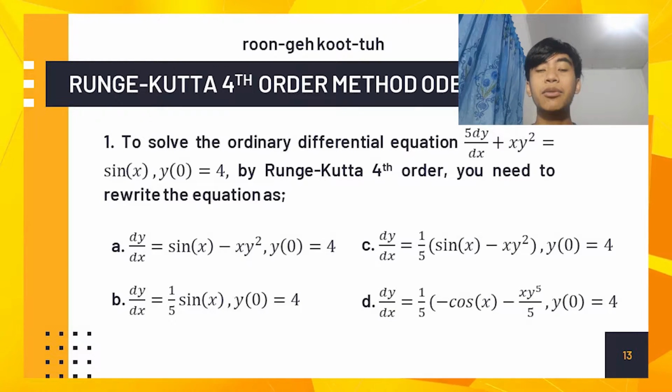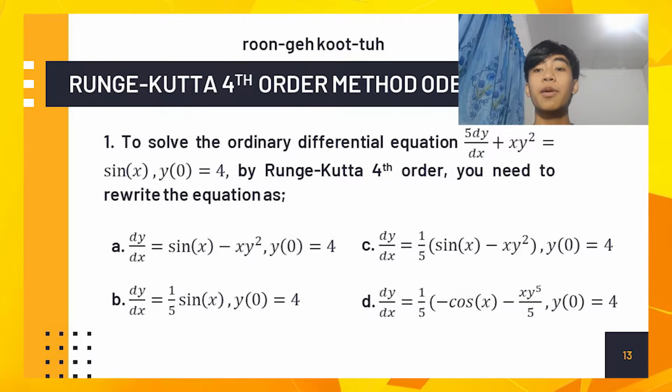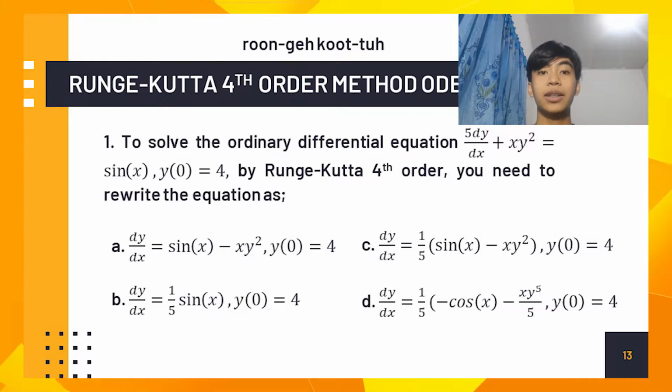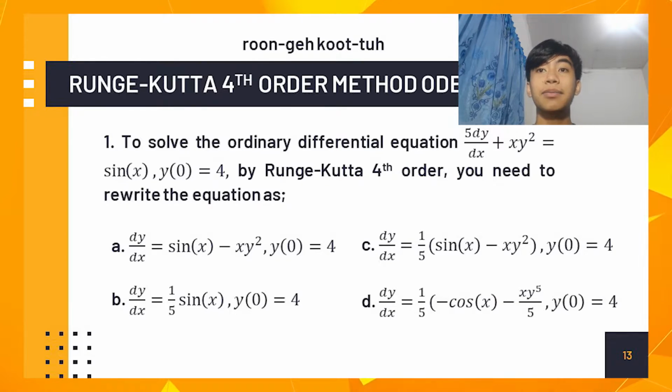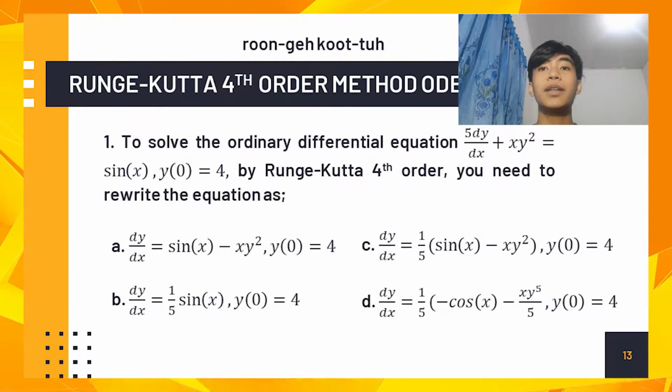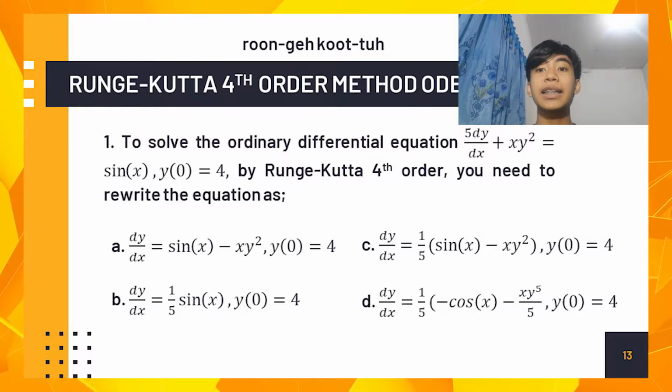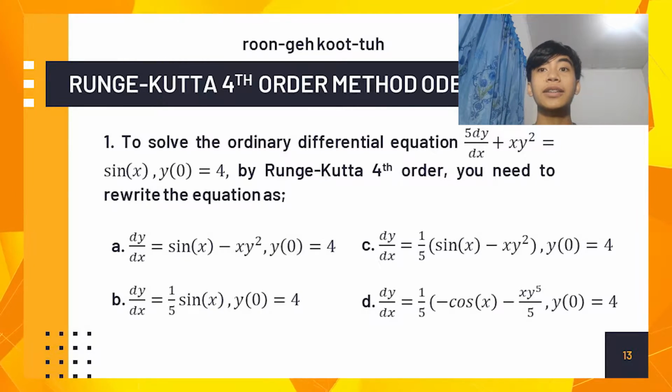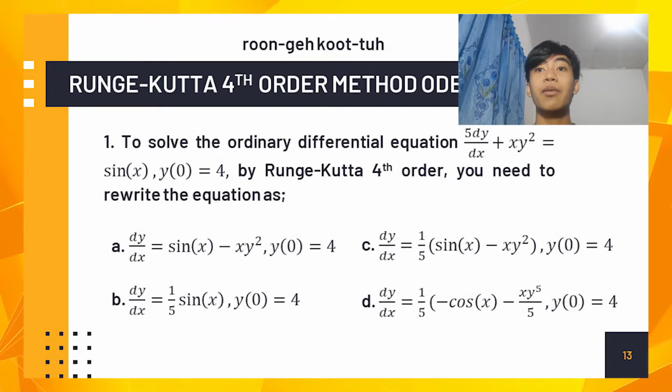Choice B is dy over dx is equal to 1 over 5 multiplied by sine x, where y of 0 is equal to 4. Choice C is dy over dx is equal to 1 over 5 multiplied by sine x minus xy squared, where y of 0 is equal to 4. And choice D is dy over dx is equal to 1 over 5 multiplied by negative cos x minus xy raised to the 5th power over 5, where y of 0 is equal to 4.